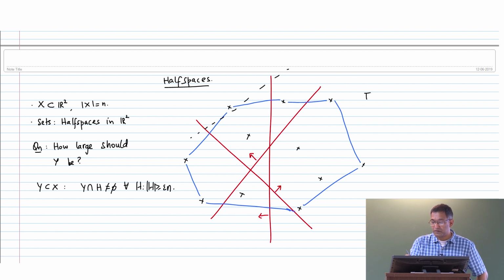So the size of the convex hull could be n. The points could be in convex position.